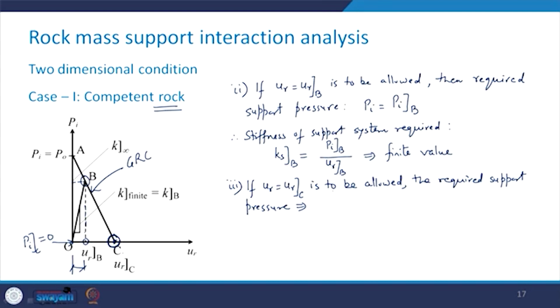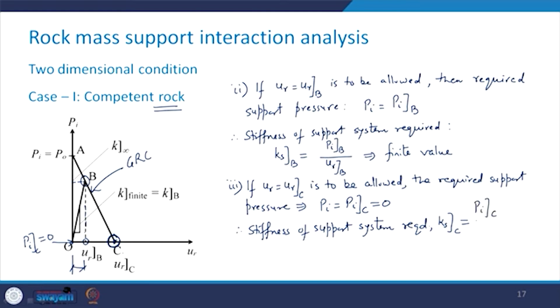So what we are going to get is Pi equal to Pi at C, this is equal to 0. Therefore the stiffness of the support system required is going to be equal to Ks at C, which is equal to Pi at C divided by Ur at C, and this will be equal to 0.